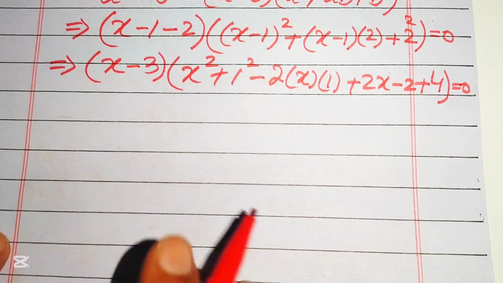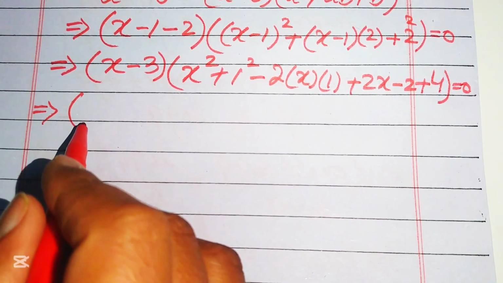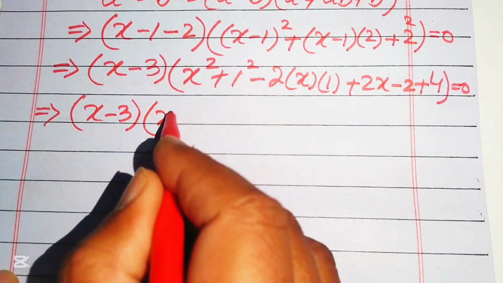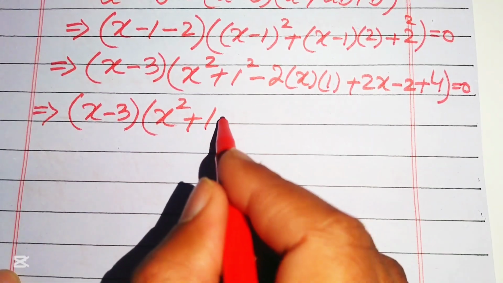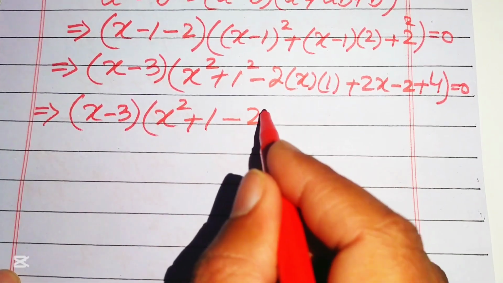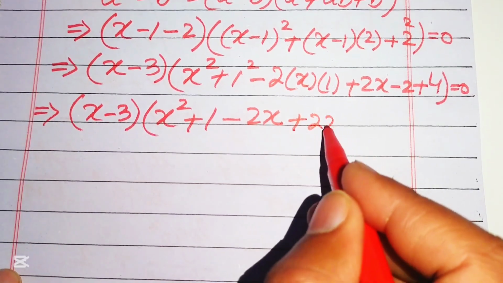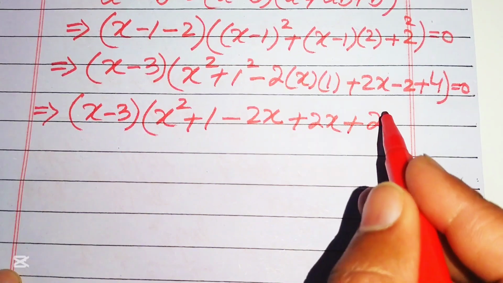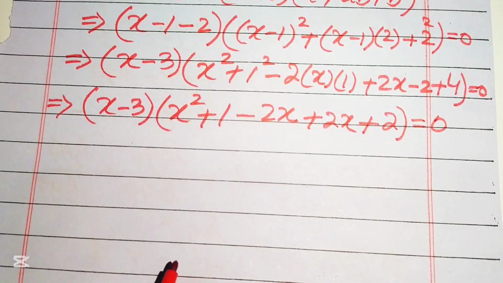After this step we need more simplifications, and it will be written as (x minus 3) times (x square plus this is 1 square equals 1, and minus 2 times x equals minus 2x, and this is also plus 2x, and minus 2 plus 4 equals plus 2), and this whole equals 0.